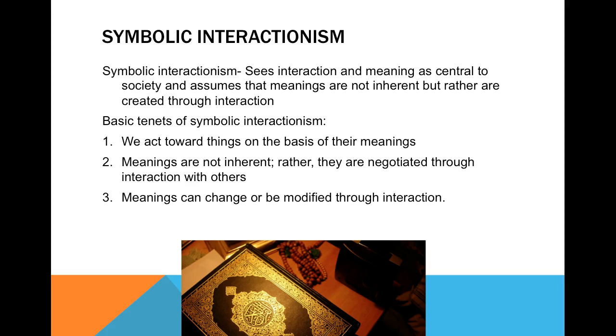So let's move on to number two. The meanings are not inherent, rather they are negotiated through interaction with others. A few days after, I noticed that my coffee table is a little wobbly, and I try to put all these different objects underneath, but it's just not working.